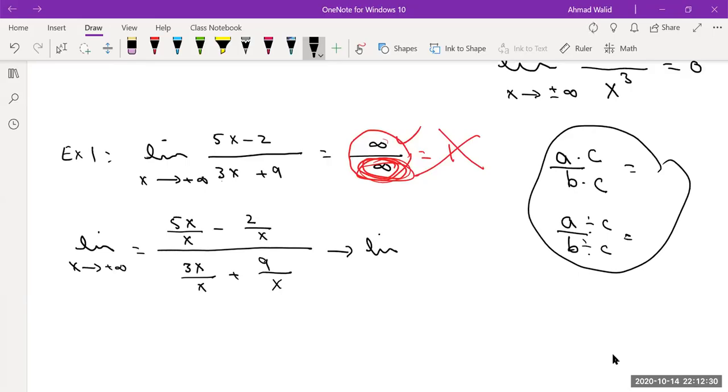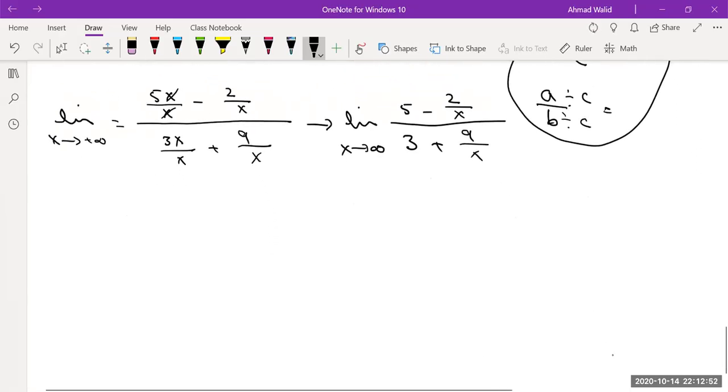Then limit, fraction bar, 5x over x gives you what? 5. Minus 2 over x stays the same. Now, 3x over x gives you 3. Plus 9 over x, as you still have x approaching positive infinity.